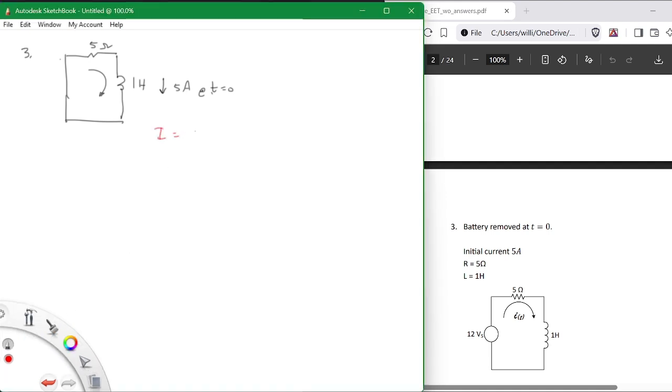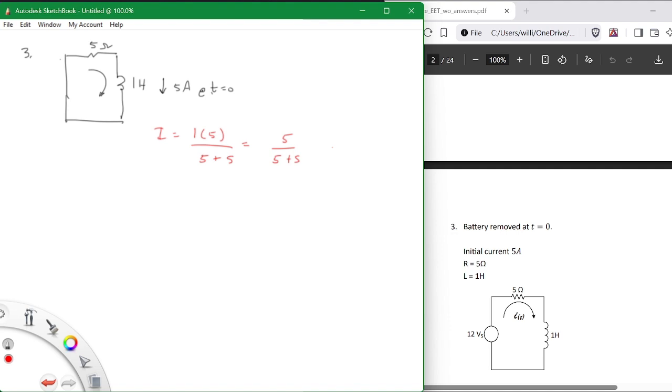I is equal to, in the S domain, V, which is nothing more now than L, which is 1, times I at 0, which is 5, that's all it is, over R, which is 5, plus 1S. So now all we have is 5 over 5 plus S.